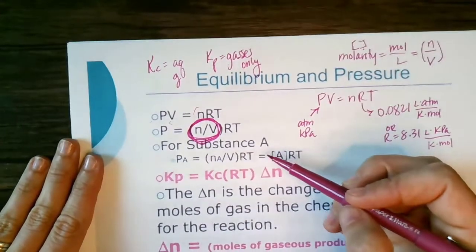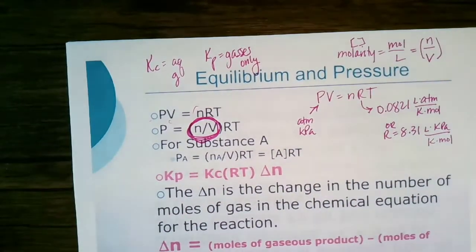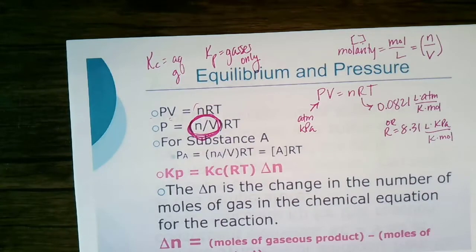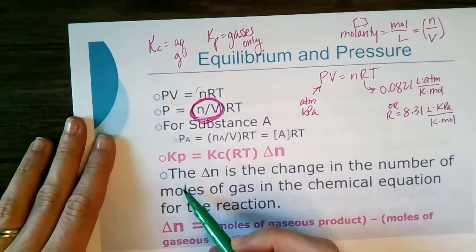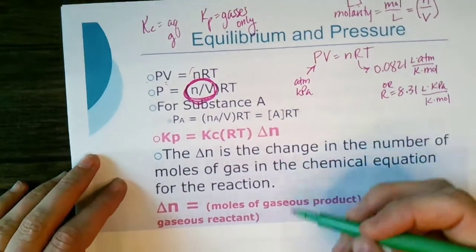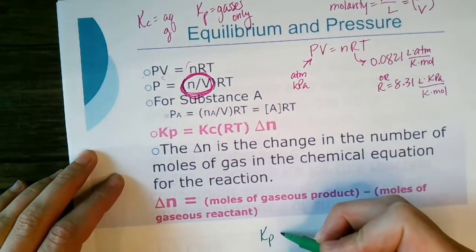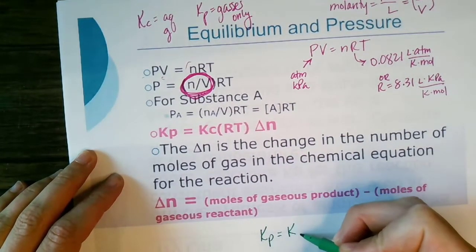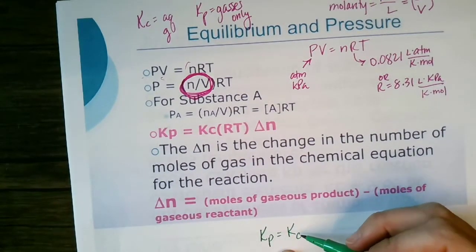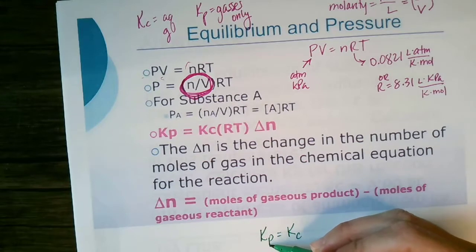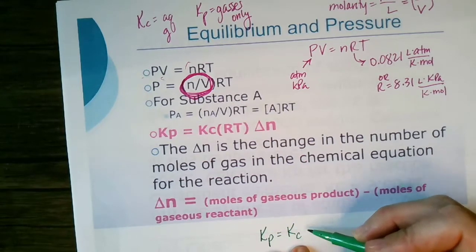So if I'm looking at substance A, when we are converting from Kc to Kp, we're going to use the conversion to get my pressure constant from my concentration constant.